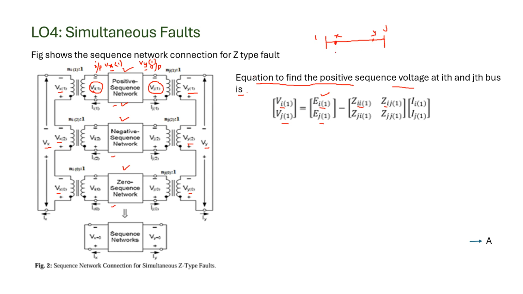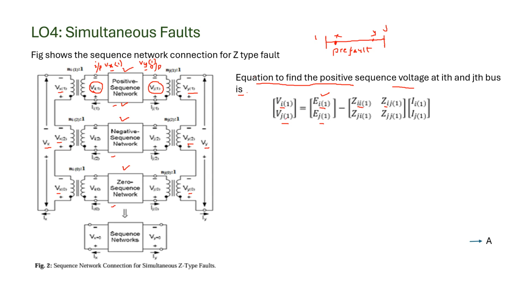Here Ei1 is the pre-fault voltage at the ith bus, and Ej1 is the pre-fault voltage at the jth bus before the fault. Then after the fault, what is the positive sequence voltage at that bus?